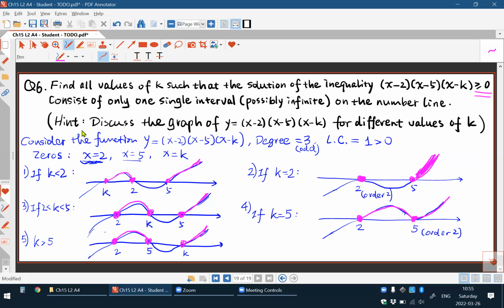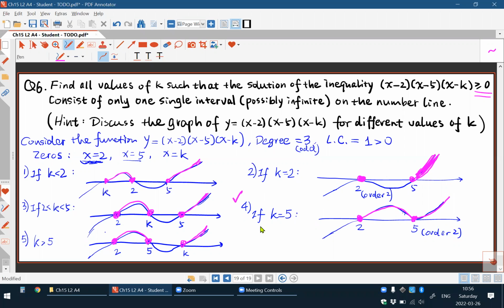Okay, and it's not over yet. The question is, under which cases does the solution consist of only one single interval? So can you tell? In which case does the solution consist of only one single interval? So how many intervals are there in the first case? 2. Third case, also 2, right? Fourth case, fifth case, 2. How about the second case? 2.